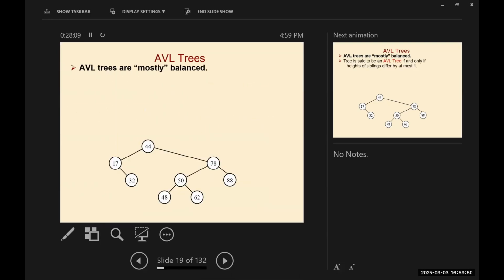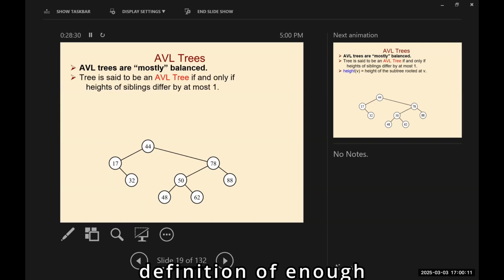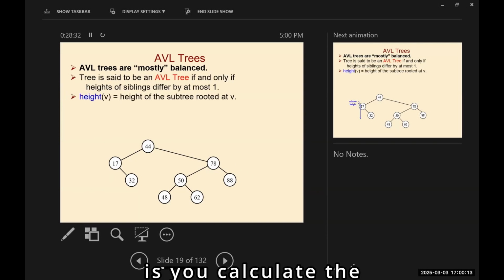All right. So what is an AVL tree, right? This actually is an AVL tree, I assume, and it doesn't look completely balanced, right? But it's what we call enough balanced. And what's our definition of enough? You calculate the height of every node.